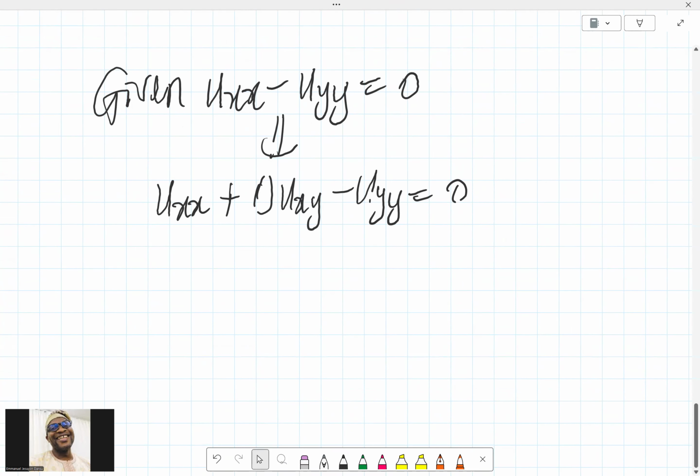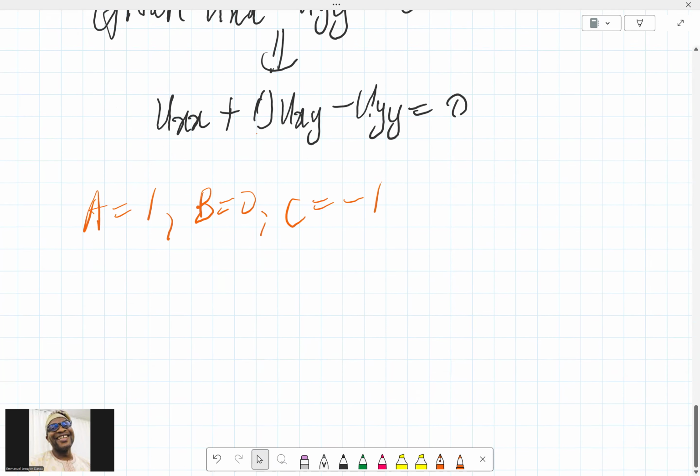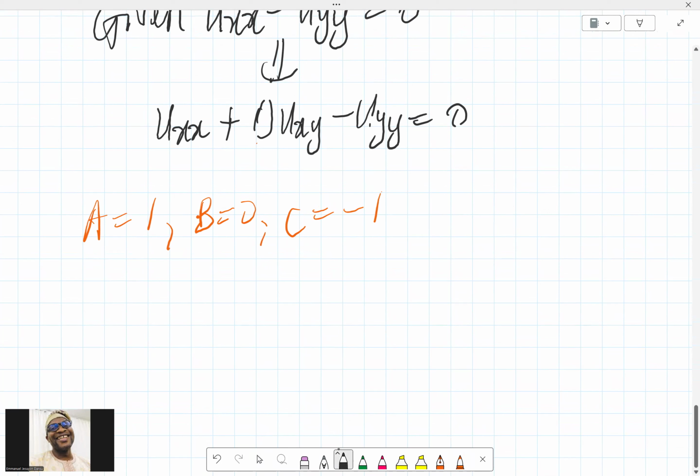So here now we can easily identify that A is equal to 1, B is equal to 0, and C is equal to minus 1.